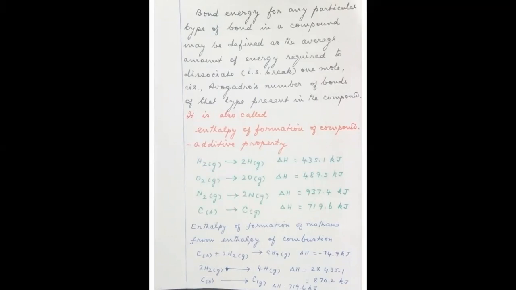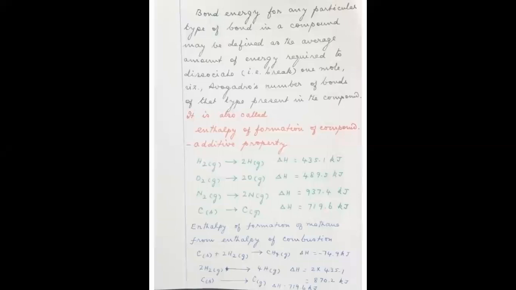So the energy spent to break the compound is the same as the energy released during the formation of the compound. So enthalpy of formation, enthalpy of bond breaking, or in general the enthalpy of bond making, or bond energy, all are one and the same. Maybe then and there the signs will change, but all other things are one and the same.